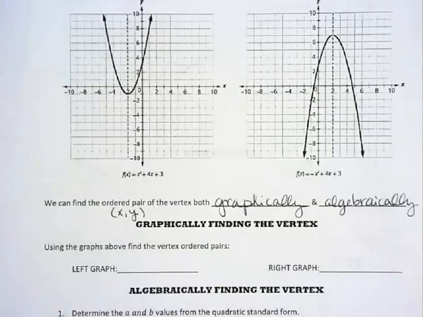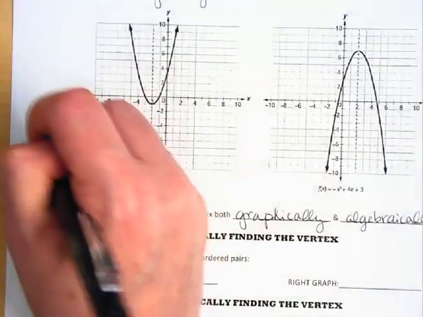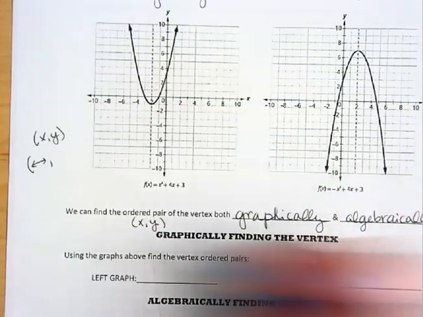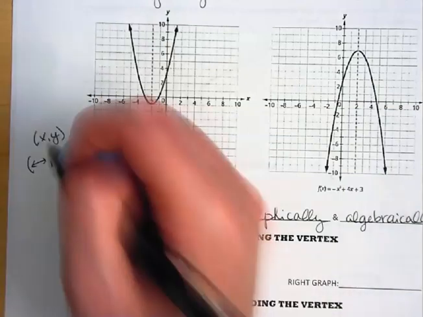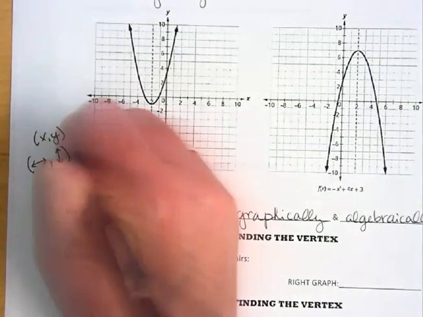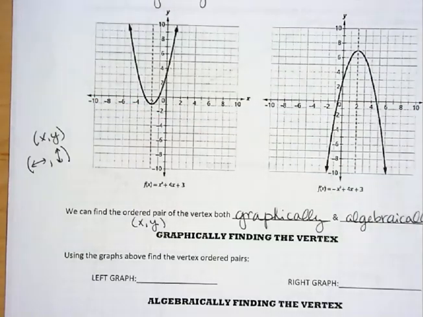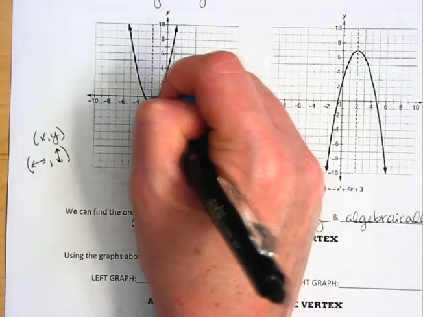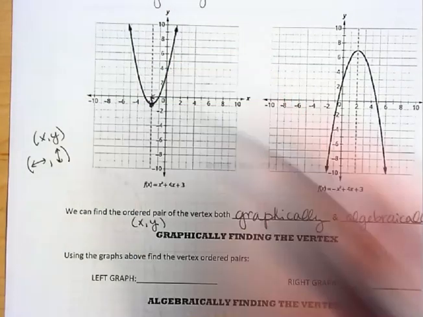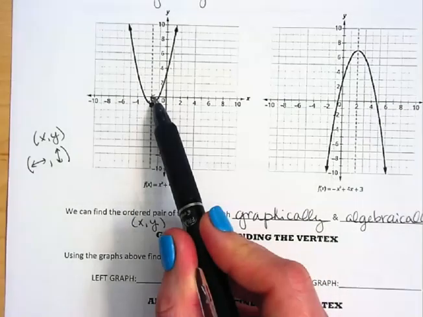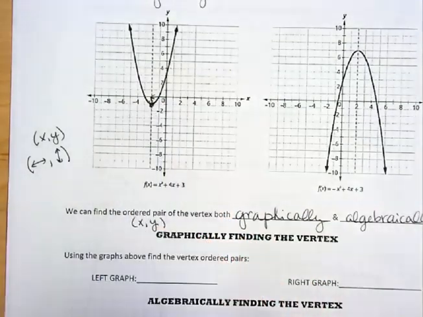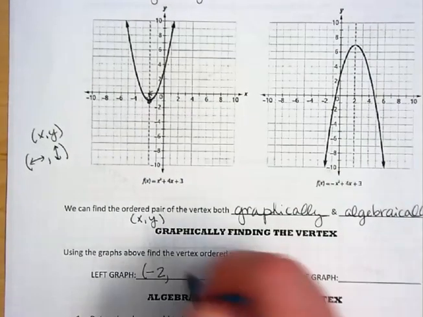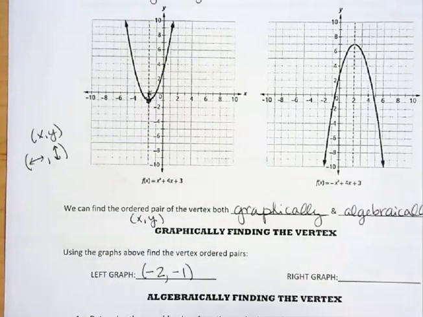So remember that in an xy ordered pair, the x tells the left and right distance from 0, and the y tells the vertical or up and down distance from 0. So if I have this vertex here, to get there from 0, I have to go left 2 and down 1. Left 2, down 1. So left 2 is the negative x direction, and down 1 is the negative y direction.